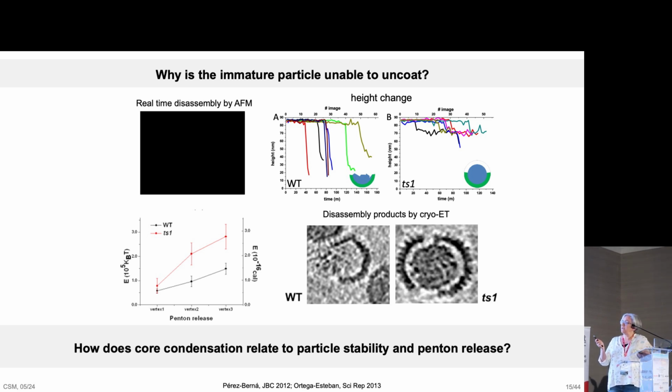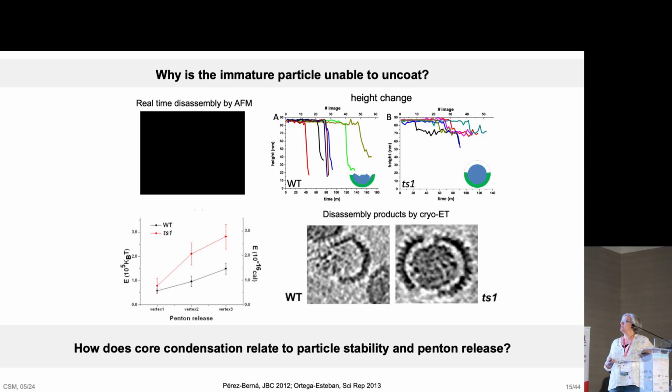Also, when we look at the final disassembly product here, and we plot the height of this particle, we see that in the mature particles, the height is very small, and this corresponds to just the lower part of the capsid staying attached to the substrate. However, in the immature particles, we have a larger diameter of the final product, and this is consistent with the presence of not only the capsid, but the core, the genome and proteins still there, with practically the same diameter they had at the beginning.